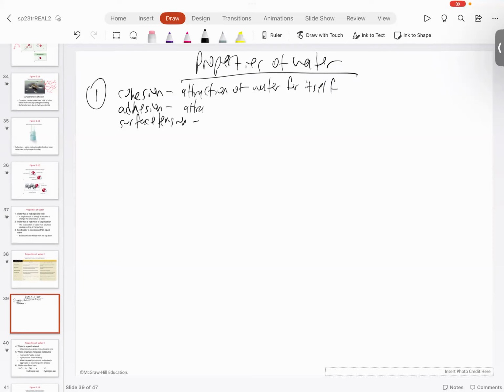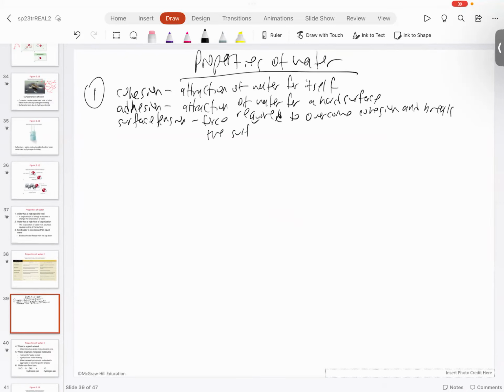Adhesion can be thought of as the attraction of water for a hard surface. And surface tension is the force required to overcome cohesion and break the surface of water.